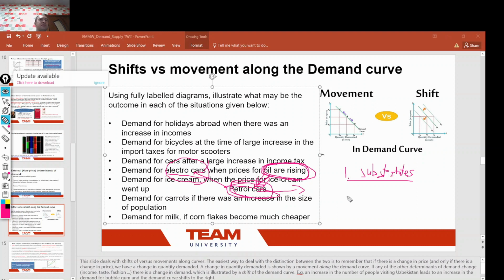Another example of a substitute good would be, say, an iPhone. You can buy an iPhone, or you can buy a normal Samsung or Android phone, right? iPhone compared to Samsung. So substitutes, yes, almost perfect substitutes.